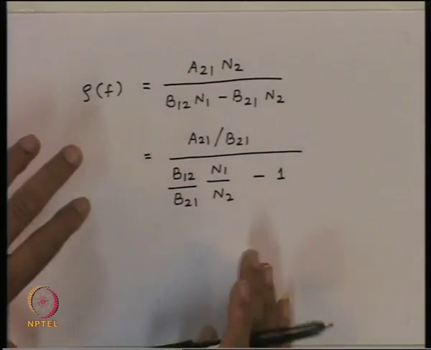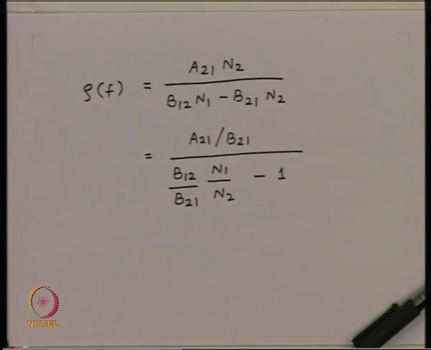What this expression essentially is giving you is that if all three processes, spontaneous emission, absorption and stimulated emission, take place simultaneously inside the material, then there is a net photon flux from the system, and that photon flux density is given by this. What one can do now is that since the system is at thermal equilibrium, this photon flux must be identical to the black body radiation, because if the body is at some temperature T, it gives you the radiation.